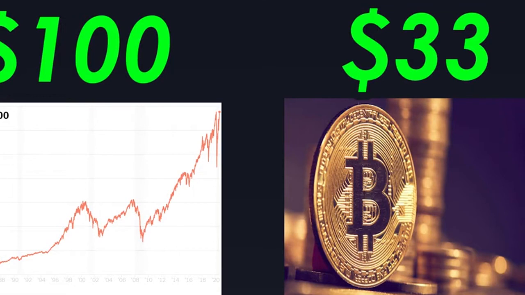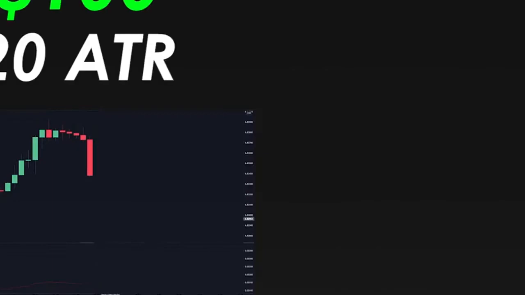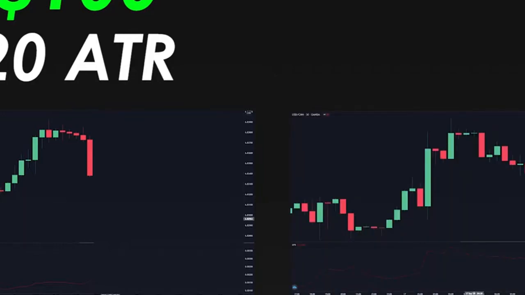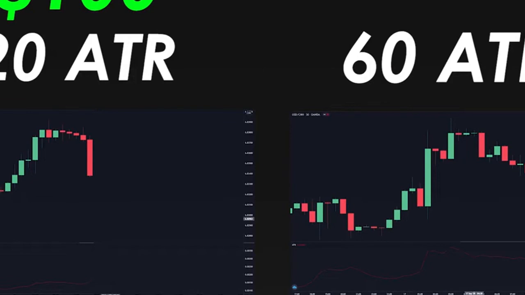Obviously, you want to lower your budget for the more volatile investment. So you need to optimize your trading budget based on the volatility of the market. So instead, what you actually want to do is this. Let's say per trade, you are risking $100 on a market with 20 ATR. If next time you want to trade a market that has a higher volatility of, let's say, 60 pips ATR, since it's 3 times more volatile than the first one, that means you want to put your capital 3 times less.